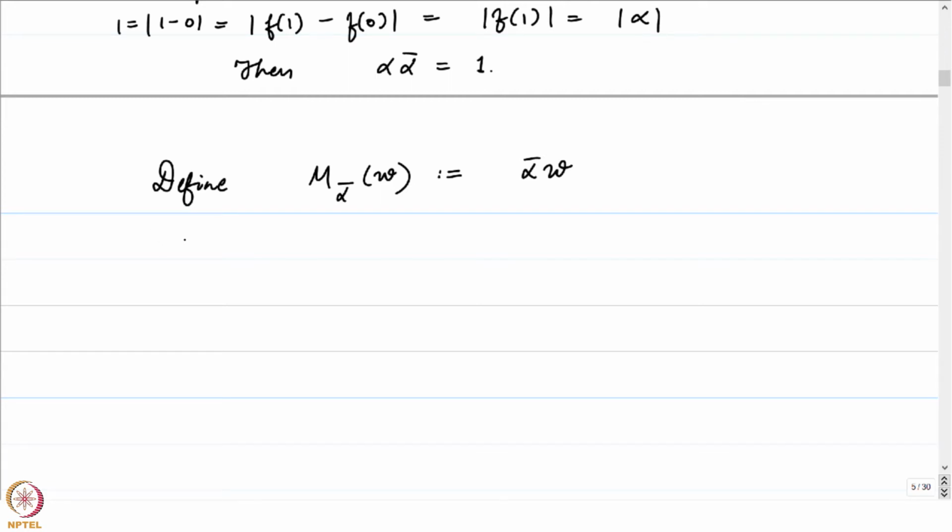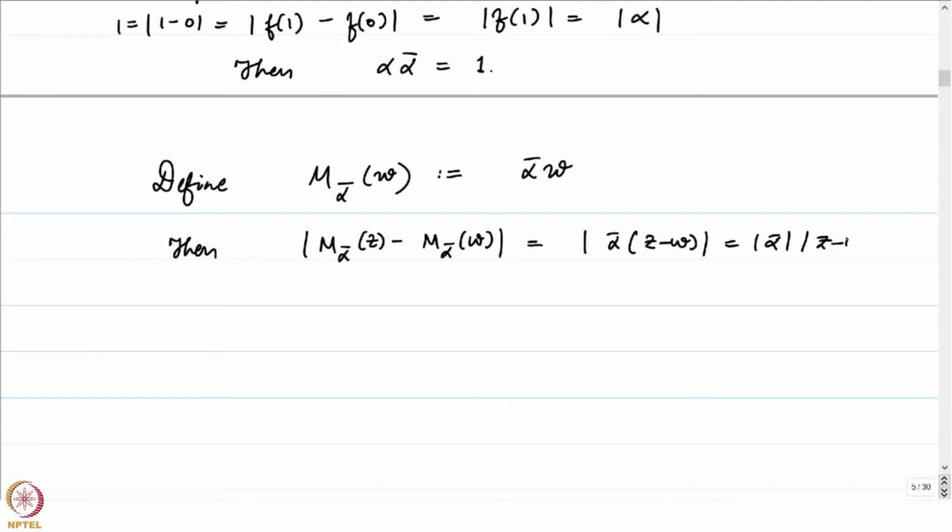So notice, what is M alpha bar of z minus M alpha bar of w? This is equal to the absolute value of alpha bar times (z minus w), which is equal to the absolute value of alpha bar, which is equal to 1. We may not skip steps. And this is equal to the absolute value of z minus w. And therefore M alpha bar is a linear isometry.